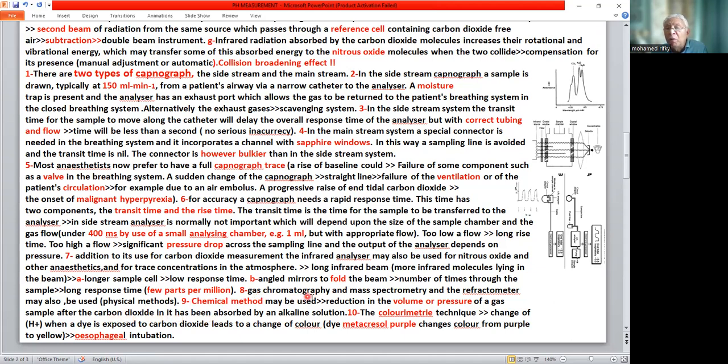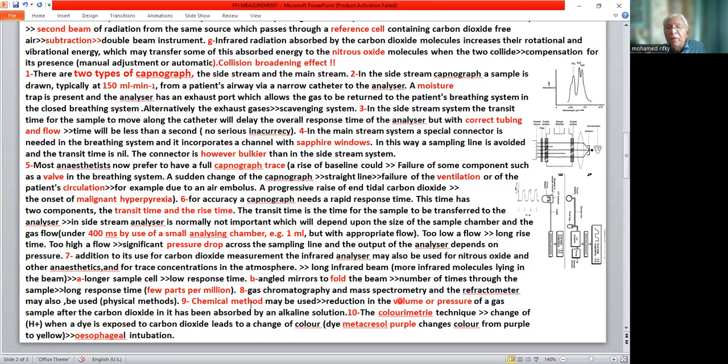So gas chromatography also, and spectrometry and mass spectrometry and refractometer are called physical methods. But chemical methods use the decrease in the volume or pressure of a mixture of gas, the decrease in it whenever carbon dioxide is being taken.